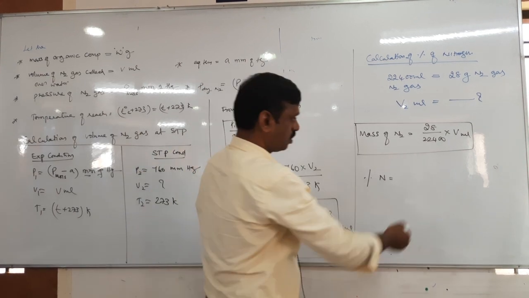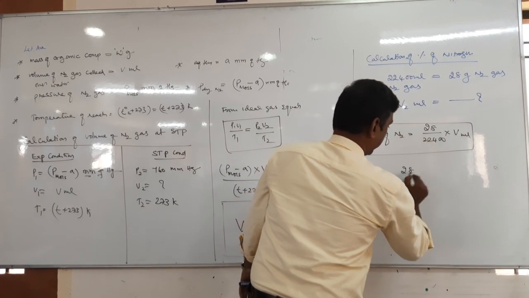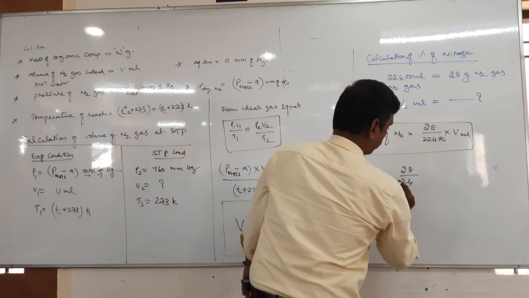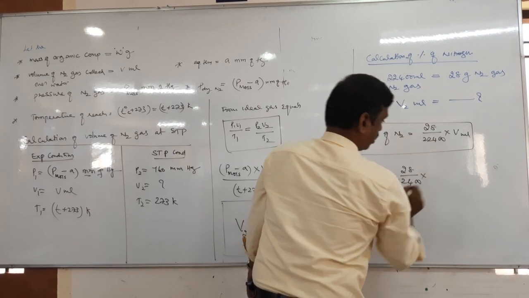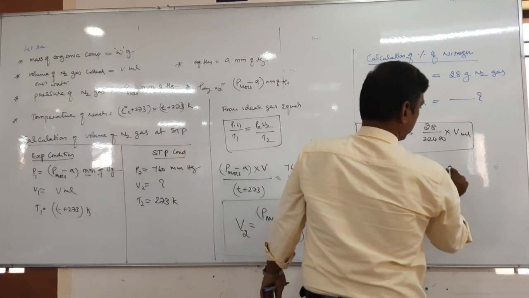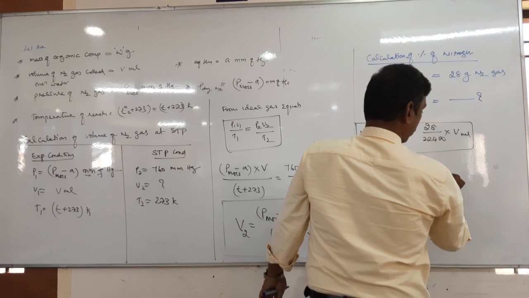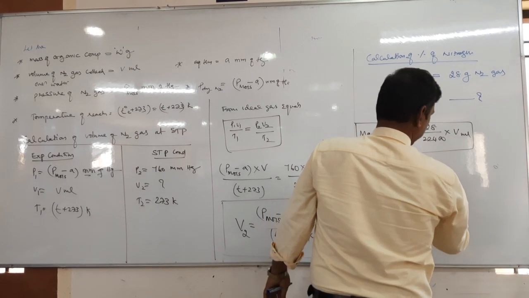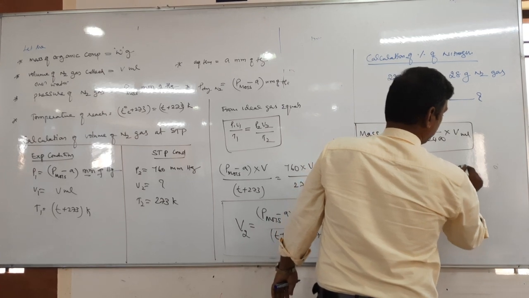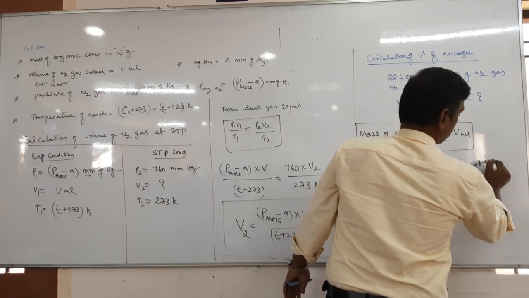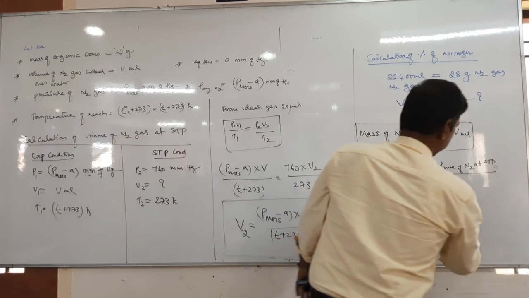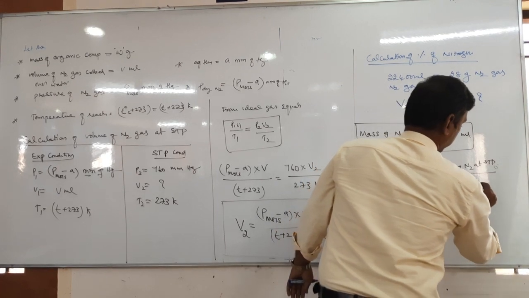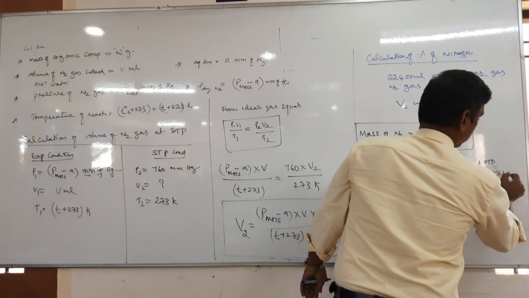That's it, no? So therefore 28 by 22,400 into V. What is the V? Volume of N2, no? Or else you write volume of N2 at STP divided by mass of organic compound into 100.